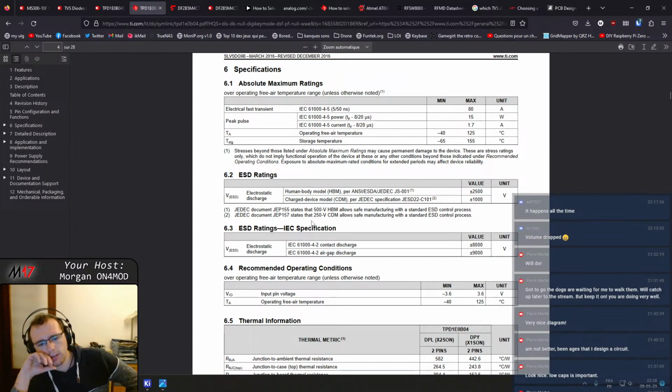Does Texas Instruments have an ESD rating for their ESD protection diode?